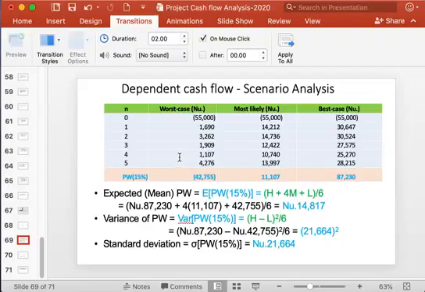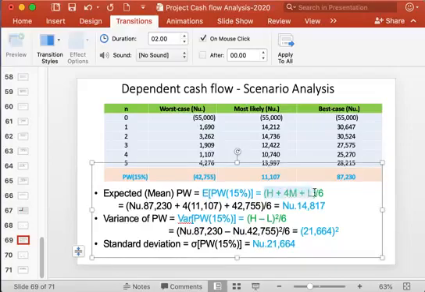And that aspect is taken care when we actually calculate the mean or expected present worth using the beta probability distribution function.